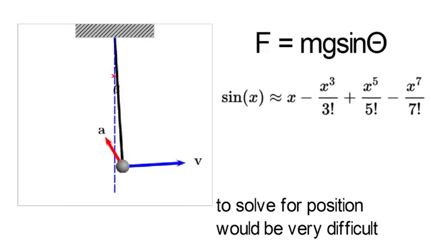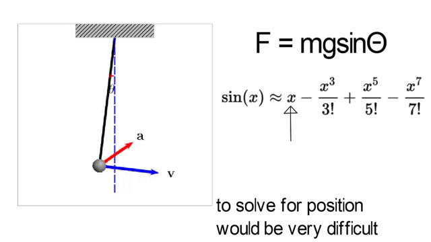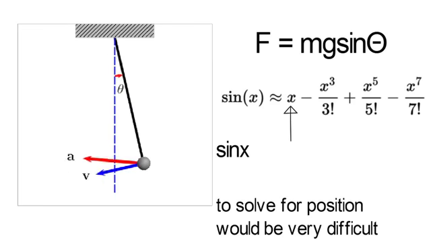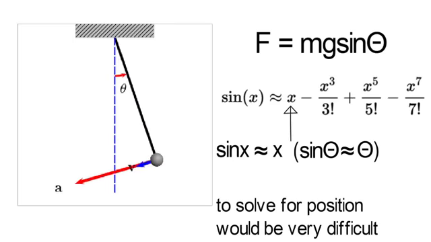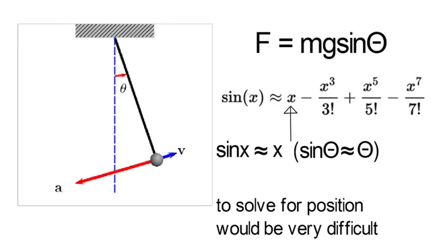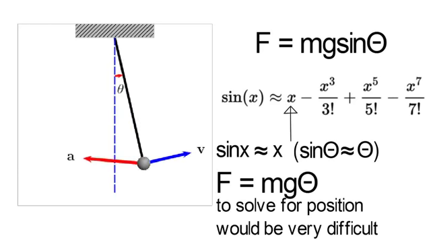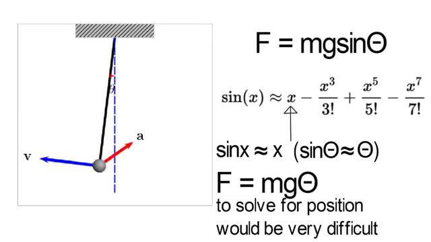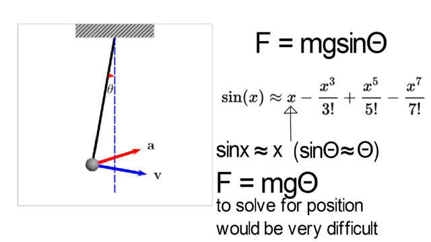And for small thetas, we can just use the first term in the series as the approximation. This means sine of x can be approximated by just x, or sine of theta can be approximated by just theta, same thing. So instead of mg sine theta, we can just approximate that with mg theta. This makes the problem way easier to solve and gives a close enough approximation, assuming that theta remains small, as in the pendulum doesn't swing very high.